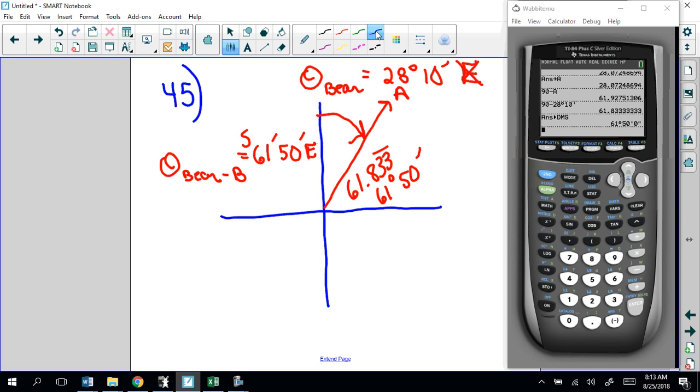So now they force you to start off here and go east. So you're turning 61 degrees 50 minutes, and you're like, wait a minute, something's weird here. And you start to figure out that this angle is 28 degrees 10 minutes, and then this is 90, and you start putting everything together here.